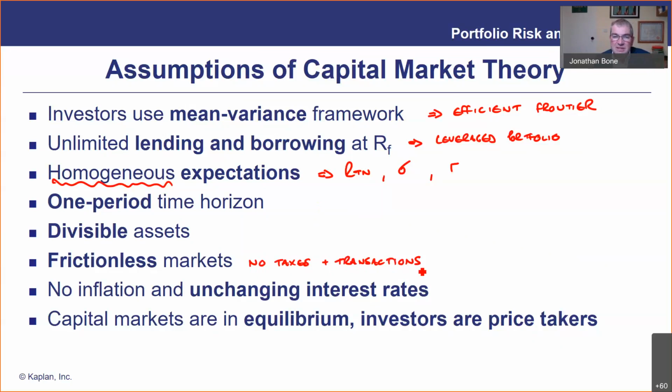Okay, so as soon as a security is mispriced, it will be worthwhile taking out an arbitrage on it, and of course that will cause the security's price to correct. Which is why we argue that in the capital markets line and CAPM, the capital markets are in equilibrium. Now, inflation and unchanging interest rates just means a constant risk-free rate over our one period time horizon.